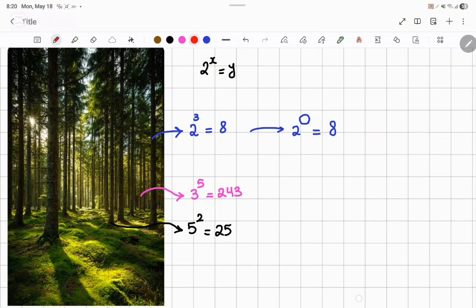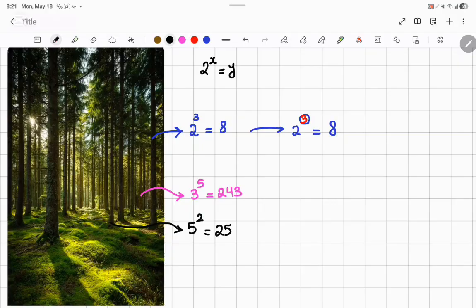So it's going to be 3, right? I want you to pay attention to the difference. What did I say? I said that there's a tree that gets double in size every year. After how many years is the tree going to be 8 times bigger? So the question is different. It's like the opposite, okay?